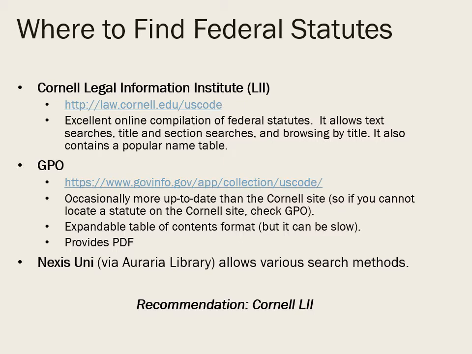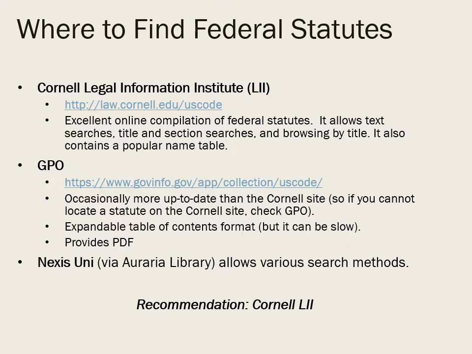All right, so if you're looking for federal statutes, you need to know where to find them. You can find the US Code on a variety of websites. In my opinion, the best and easiest to use is going to be Cornell University's Legal Information Institute, or LII. It allows for a variety of searches. You can browse by title, and it also contains an incredibly helpful table of popular names.